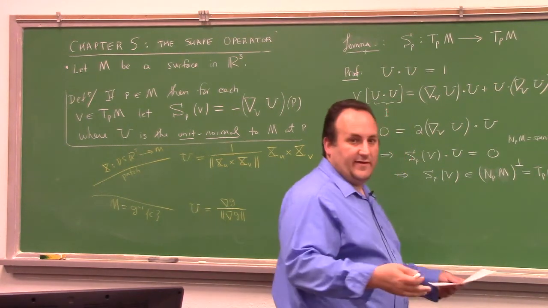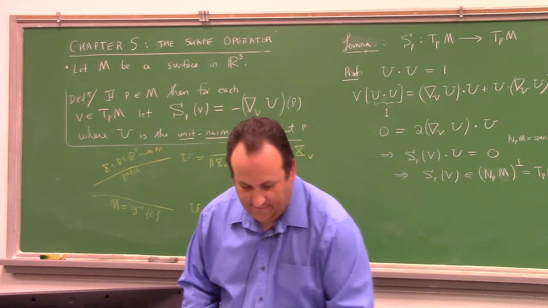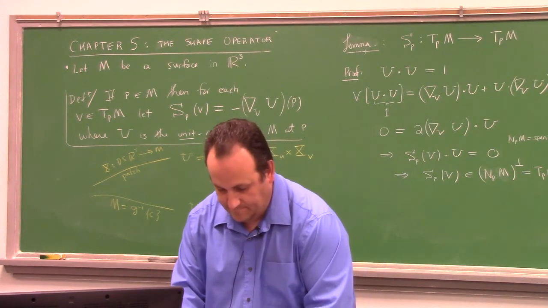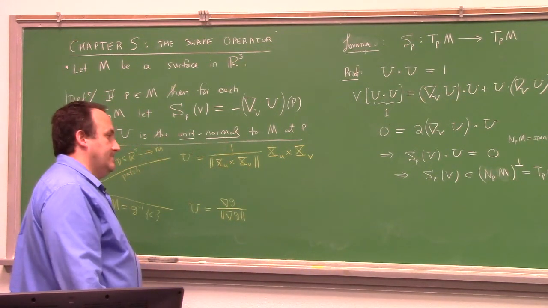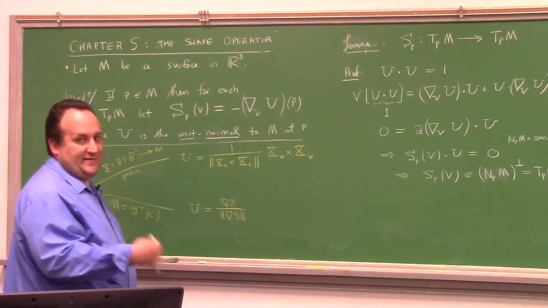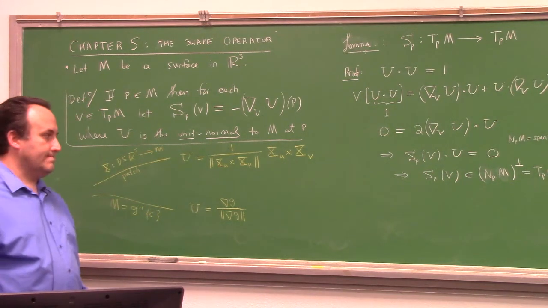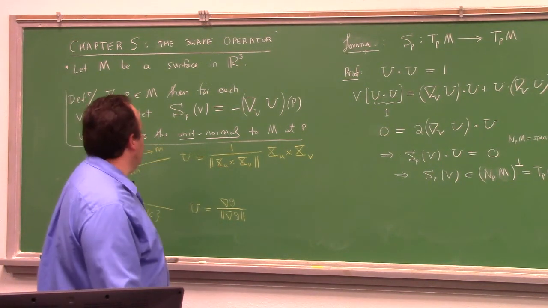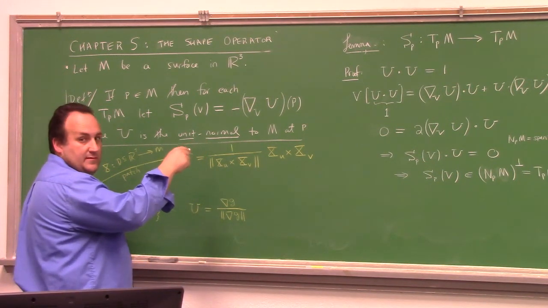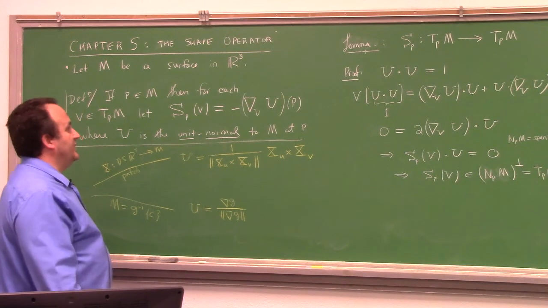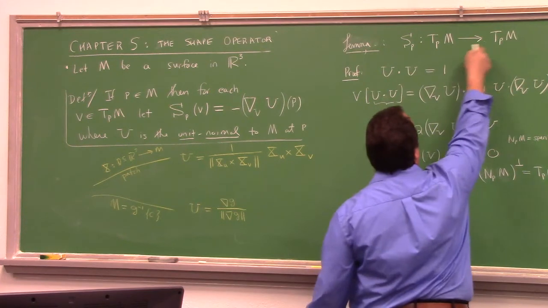So now we have that the mapping is into the tangent space, right? The perp to the normal is the tangent space. The definition makes the domain the tangent space, but this lemma proves that, in fact, it's a function from the tangent space to the tangent space.